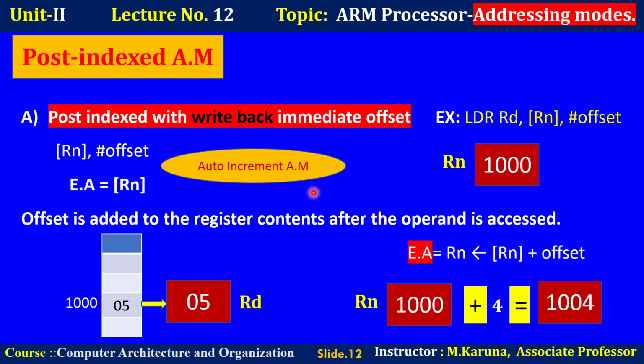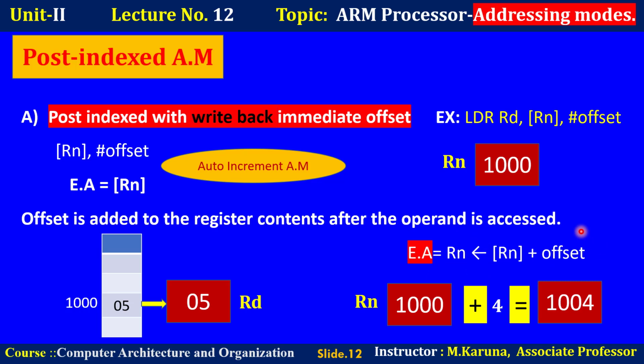In the case of write back, the effective address will be written back into Rn. For example, Rn has 1000, the offset is 4, then the generated effective address is 1004. Again, this will be loaded into Rn.